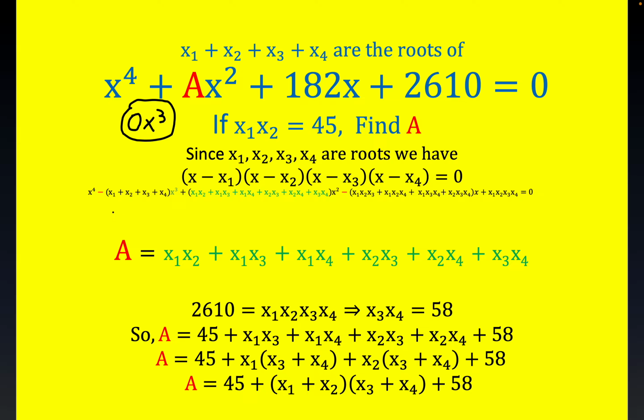So what we can conclude right here, and this turns out to be vital, is that x sub 1 plus x sub 2 plus x sub 3 plus x sub 4 has to equal 0.